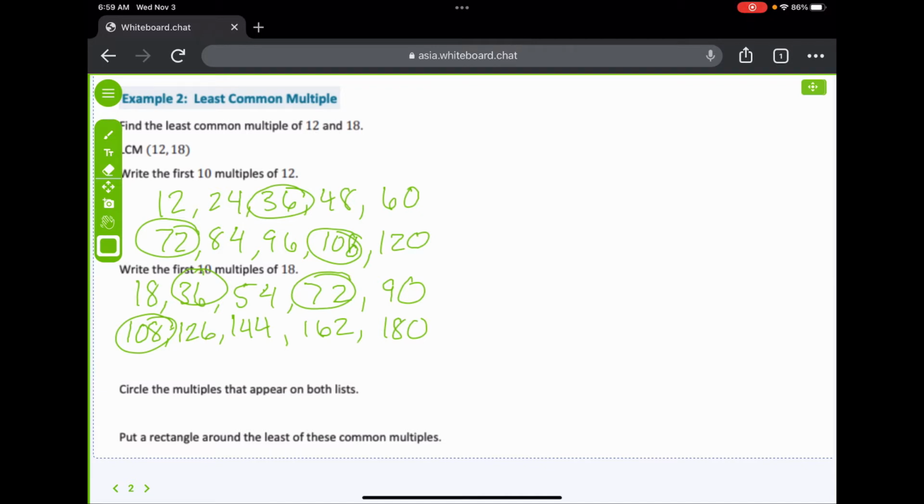But remember what we're talking about. We want the least common. As soon as we find the first one, that's our answer. 36, because we're looking for the least common. We're not looking for the greatest. So that's going to be your answer there.